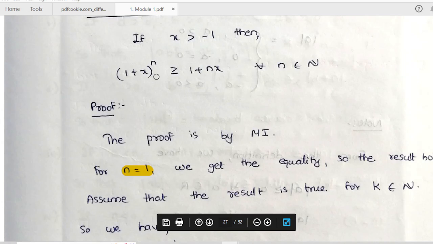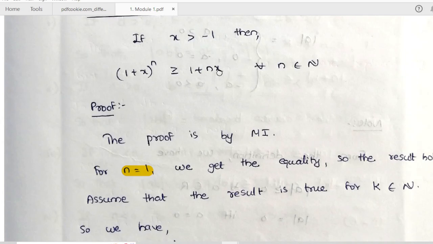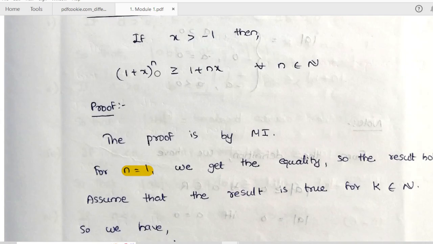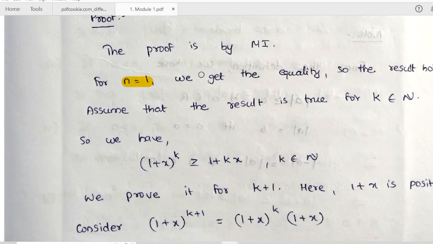n-ന് 1 put ചെയ്യുമ്പോൾ 1 plus x is greater than or equal to 1 plus x. നമുക്കറിയാം 1 plus x is equal to 1 plus x തന്നെ. അപ്പോൾ it's true. Assume that the result is true for k belongs to n. So 1 plus x to the power k is greater than or equal to 1 plus kx. This is the inequality for n equal to k.